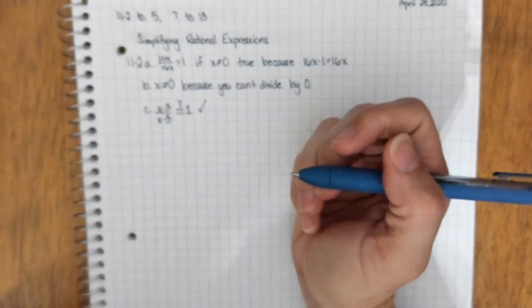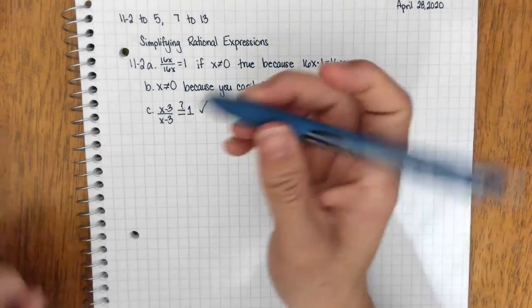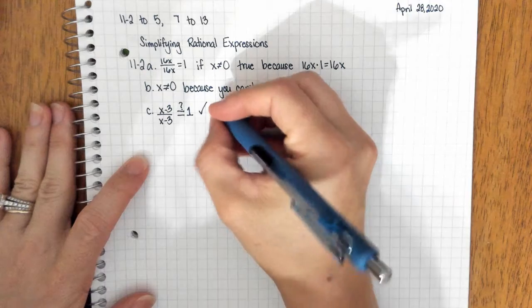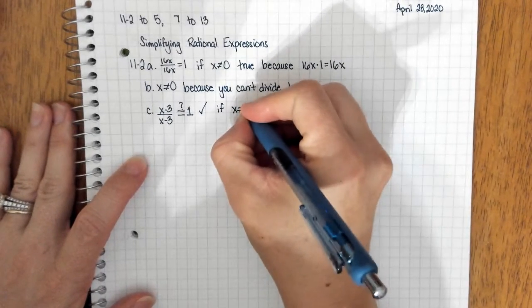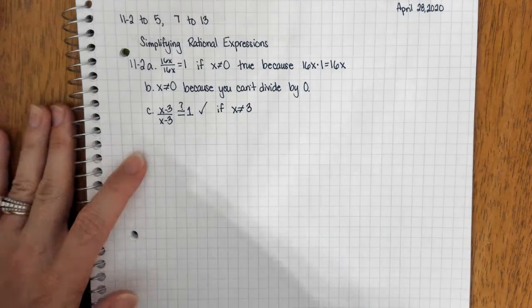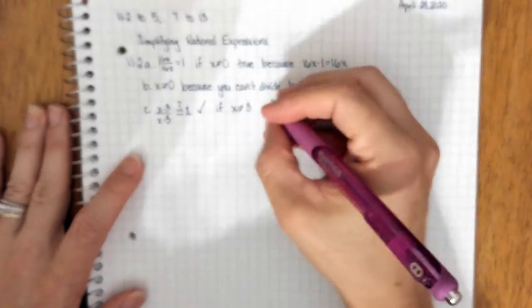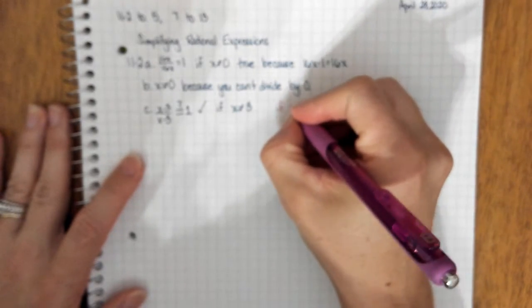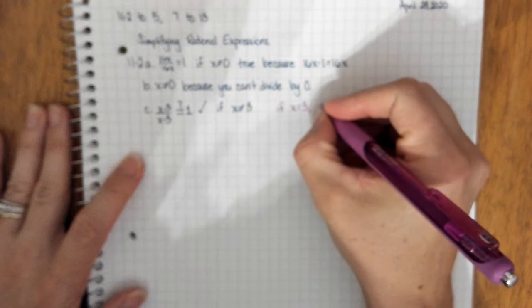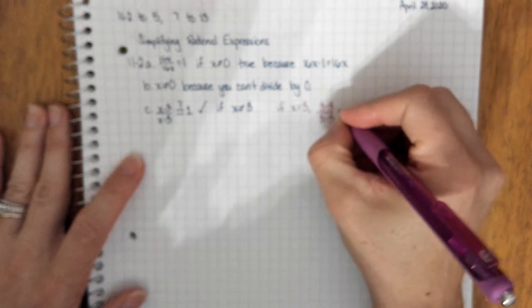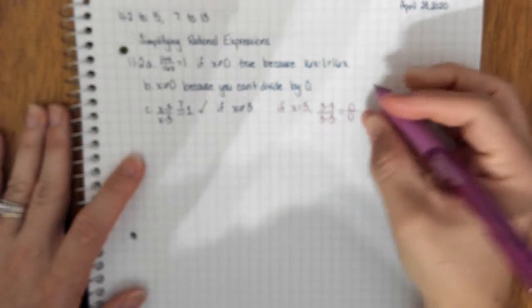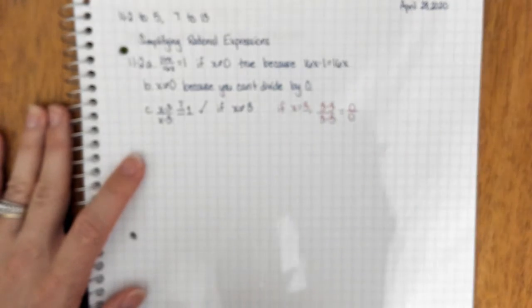But it says what value must be excluded. And so it equals 1 if x doesn't equal 3. The reason being there, if x equals 3, we have 3 minus 3 divided by 3 minus 3, so 0 divided by 0. And we know we can't divide by 0.